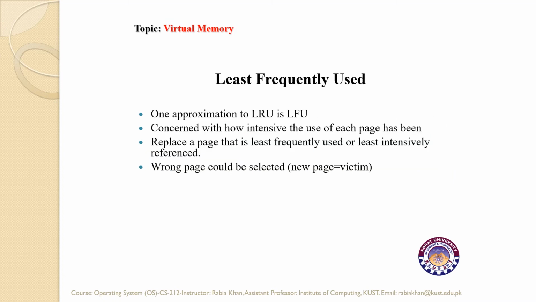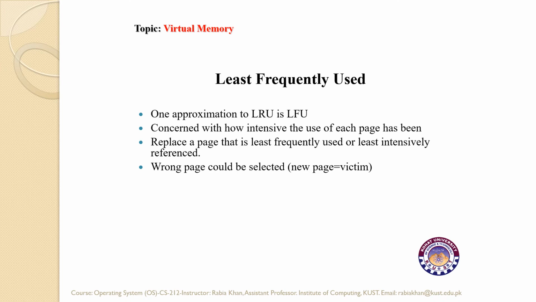Let's now move on to the next algorithm, which is least frequently used. It is an approximation or substitute to least recently used that says replace a page that has the least frequency of use or least intensively used in the past. Again, it focuses on the past.